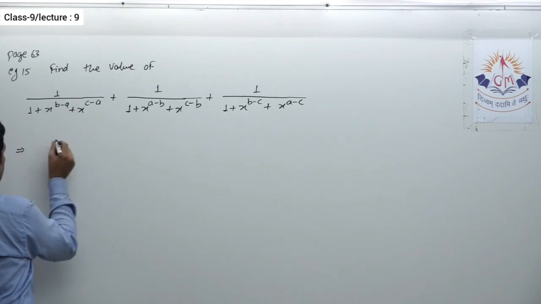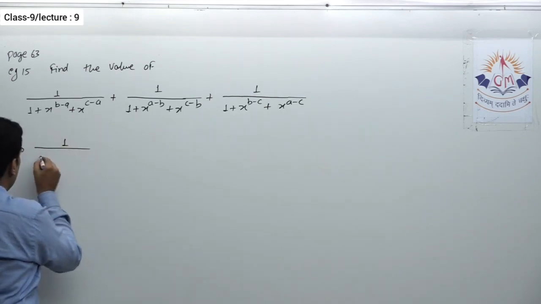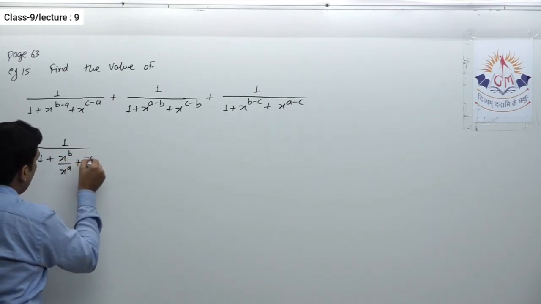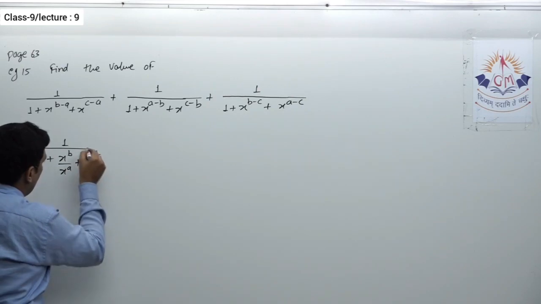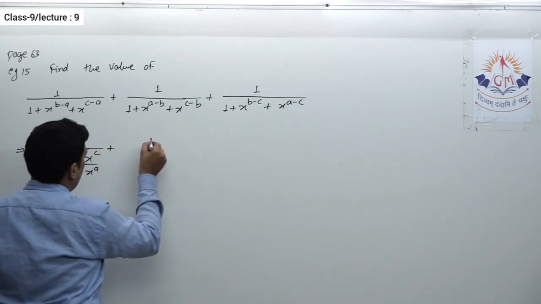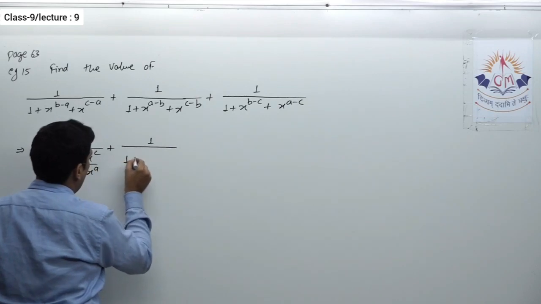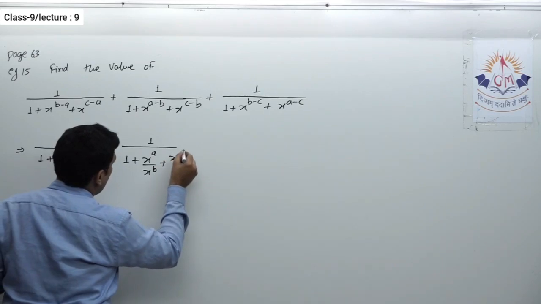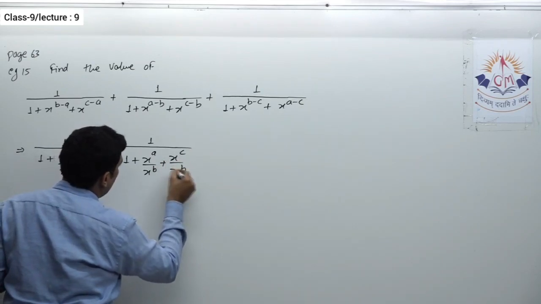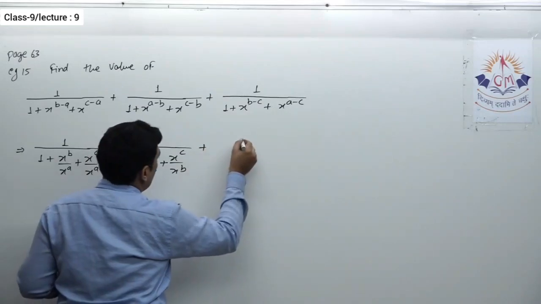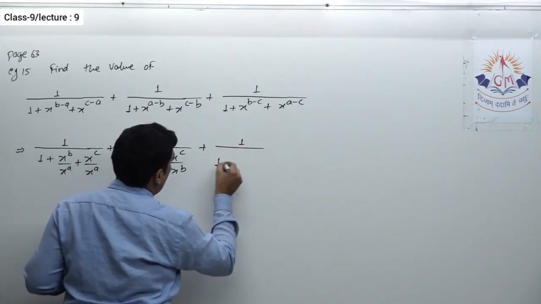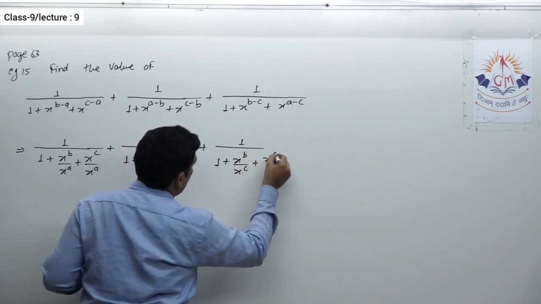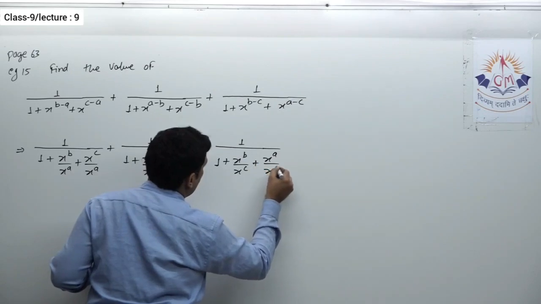So this will become 1 upon 1 plus x raised to b upon x raised to a plus x raised to c upon x raised to a, plus 1 upon 1 plus x raised to a upon x raised to b plus x raised to c upon x raised to b, plus 1 upon 1 plus x raised to b upon x raised to c plus x raised to a upon x raised to c.